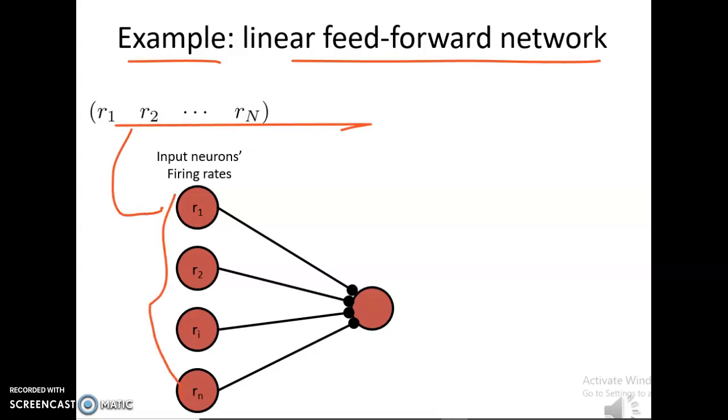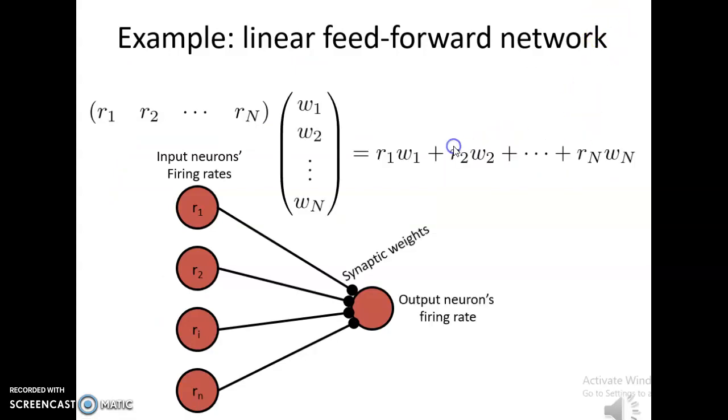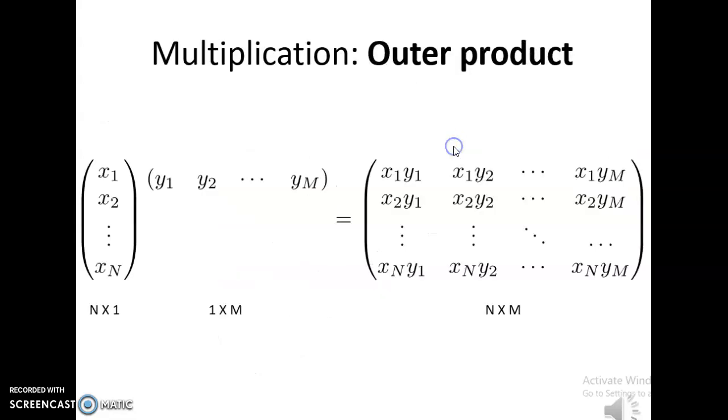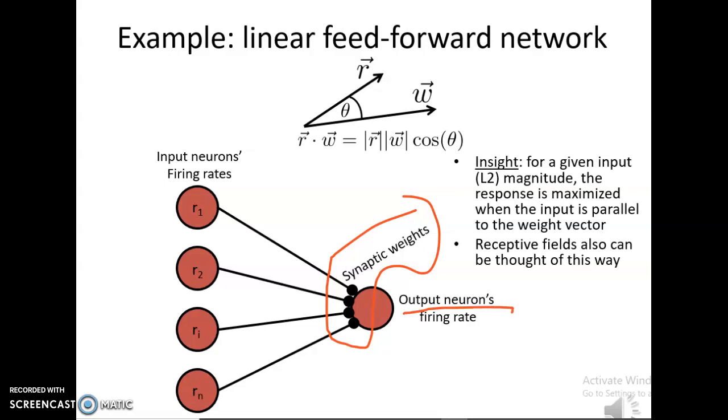This is a linear feed forward network. In neural networks we say layer; mathematically these are synaptic weights. The output neurons have firing rates. Here the actual training will happen.